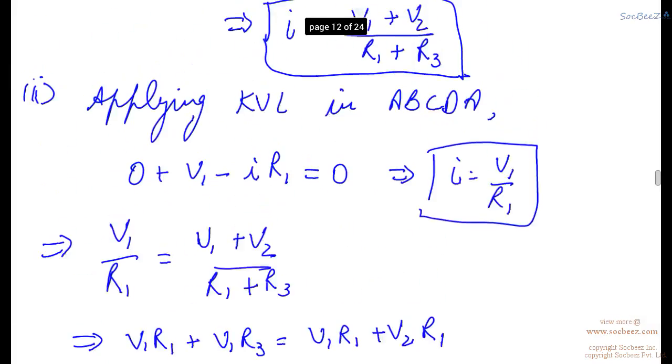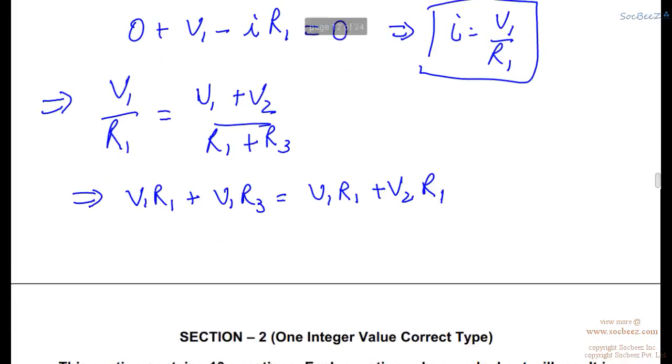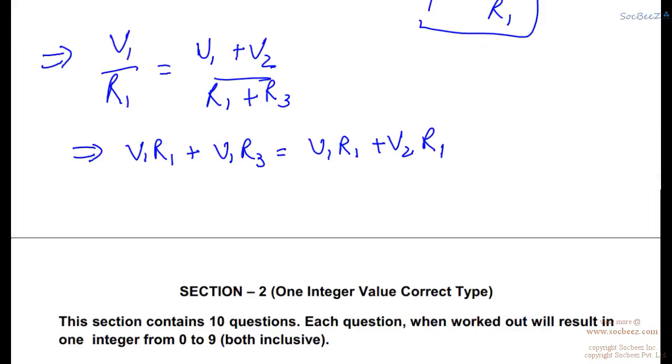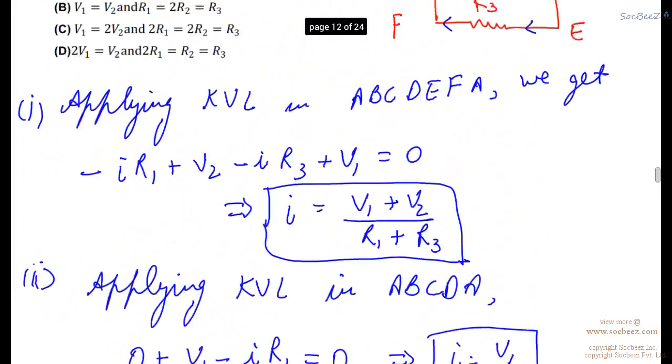If we write the value of current in the equation that we have got from case 1, which gets simplified in this form, then from here we can get V1 upon R1 equals V2 upon R3. This is the condition which must be satisfied here in this case.